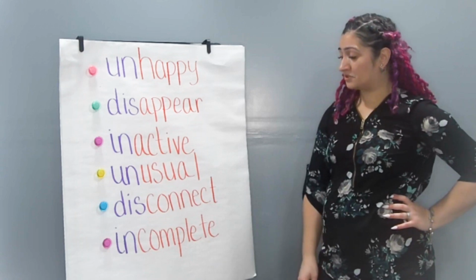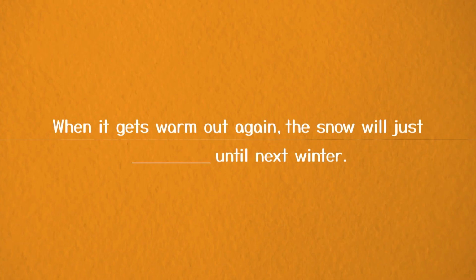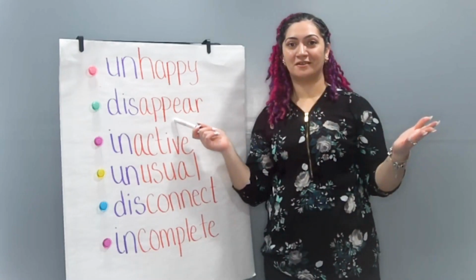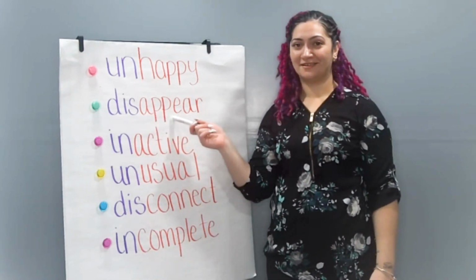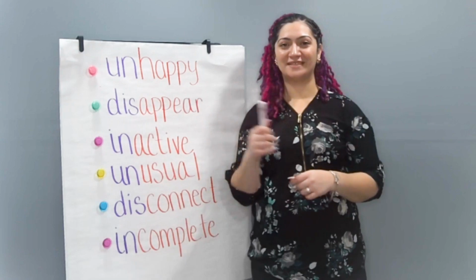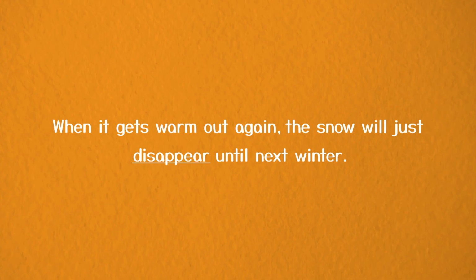Which word could help describe that? Did you write disappear? Yeah, you're absolutely right. Because when the snow is all gone, we can't see it anymore. And that means it has disappeared. Nice work. Will you reread that sentence with me? When it gets warm out again, the snow will just disappear until next winter.